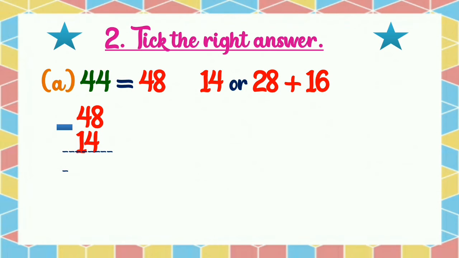Take the right answer. 44 is equal to 48 minus 14, or 44 is equal to 28 plus 60.